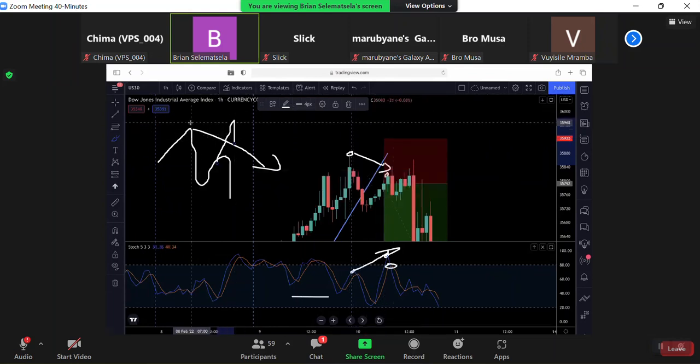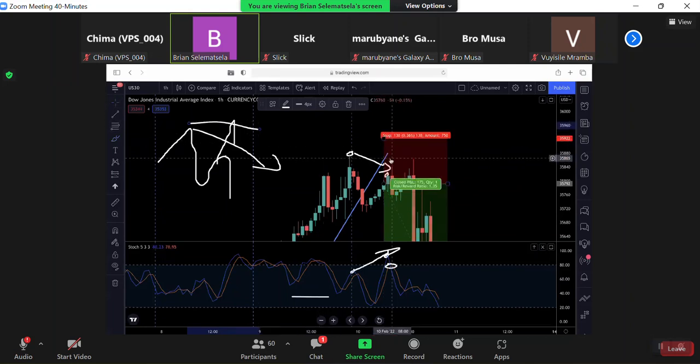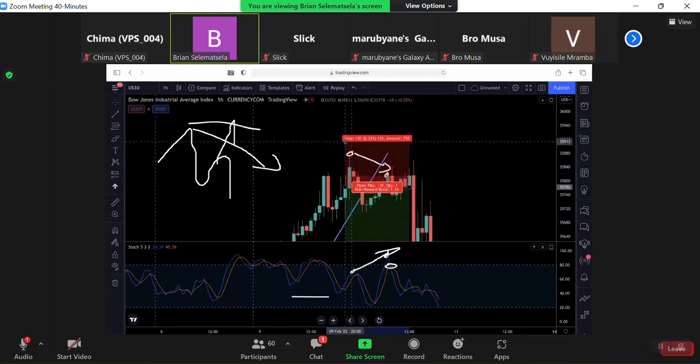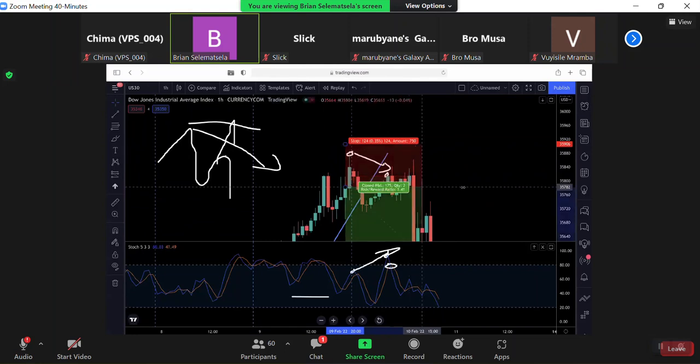So that's where we are willing to cut our loss, because we know that we'll be having a failed trade. That's why when you make an entry there, extend your stop loss there.